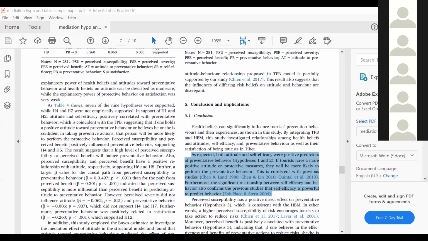If tourists have a more positive attitude on protective measures, they will be more likely to perform the preventive behavior. This is the managerial part. Research is not statistical hypotheses.